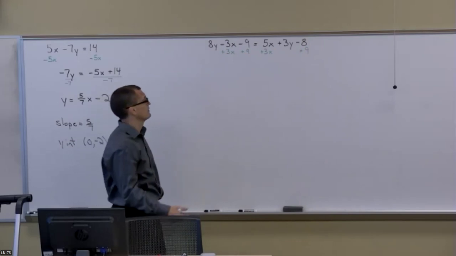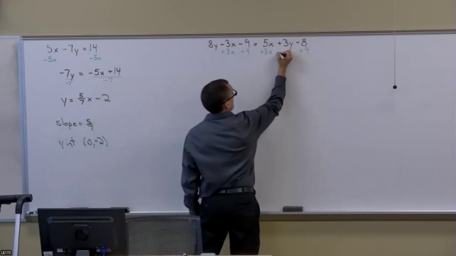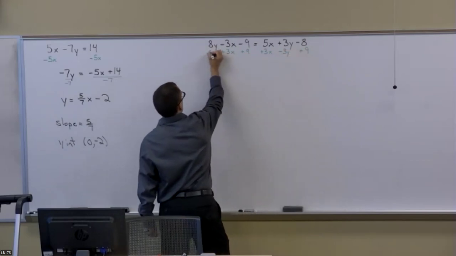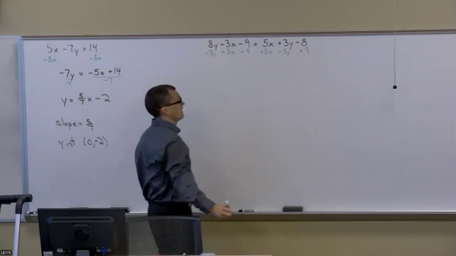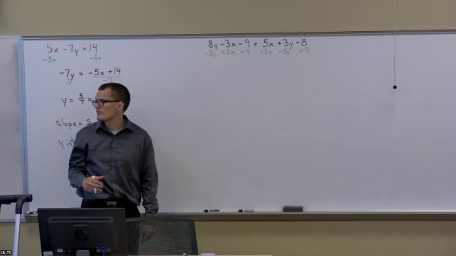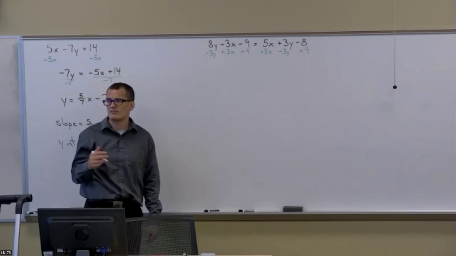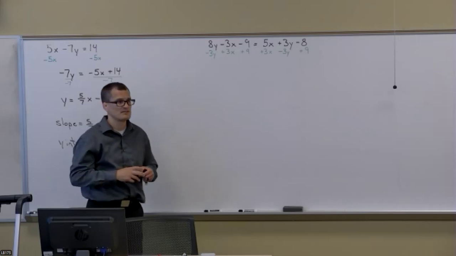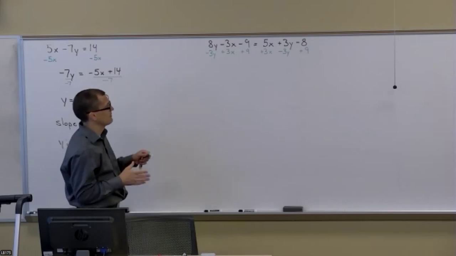And then while I'm doing this, I might as well get my y terms on the left. So I'll subtract 3y from both sides. Again, that's like 3 steps together.